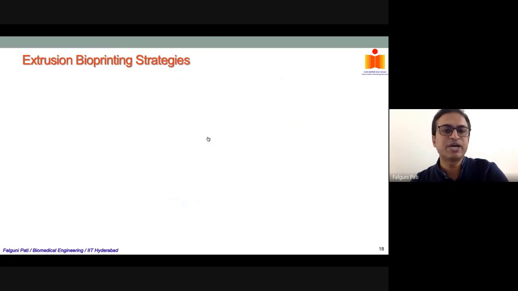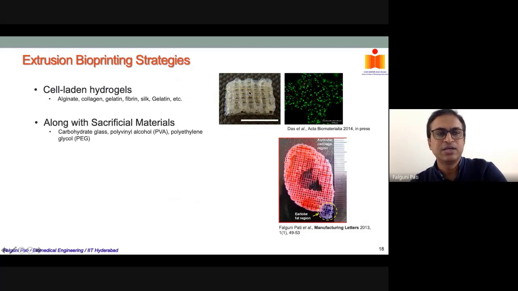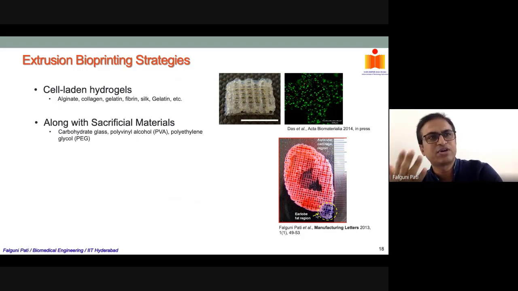Now extrusion-based bioprinting strategies can also be of different types. When we print only cell-laden hydrogel, that is one type. But many times our structure is so complex that we need some support structure. If you are from a 3D printing background, you know that in FDM, fused filament fabrication, we need support structures.